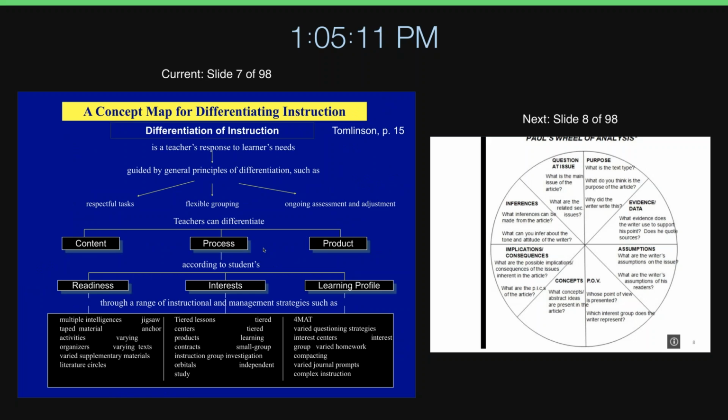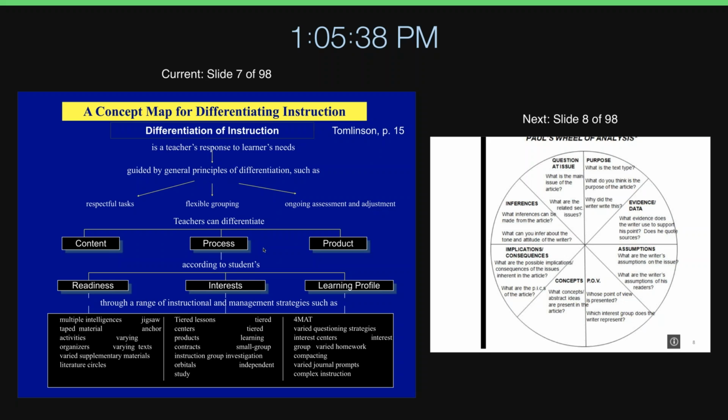One of my favorite models of differentiation is by Carol Ann Tomlinson at the University of Virginia. I don't have time to go over this entire visual, but what I want to stress is that when we talk about differentiation, first, again, as with that first slide, it talks about learners' needs and is guided by what you see here.